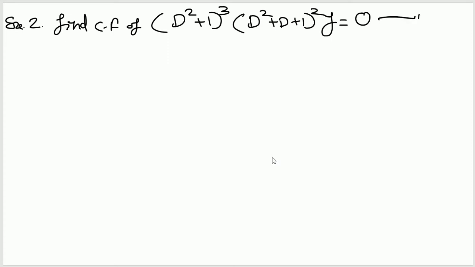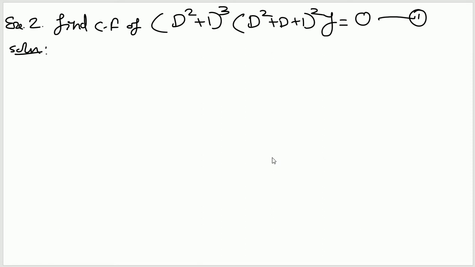Okay, so solution. See, when we have right hand side 0, we have only complementary function. There is no particular integral for such differential equation. So complementary function will be the general solution in this case. So we'll find complementary function only.